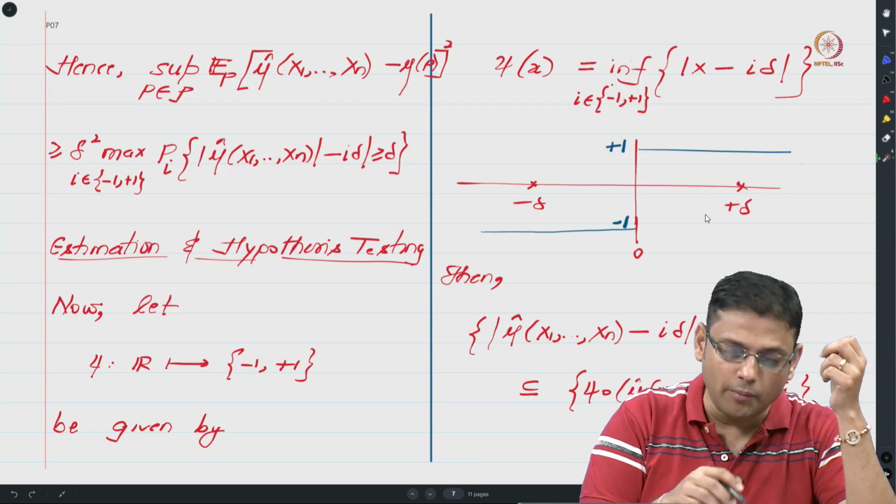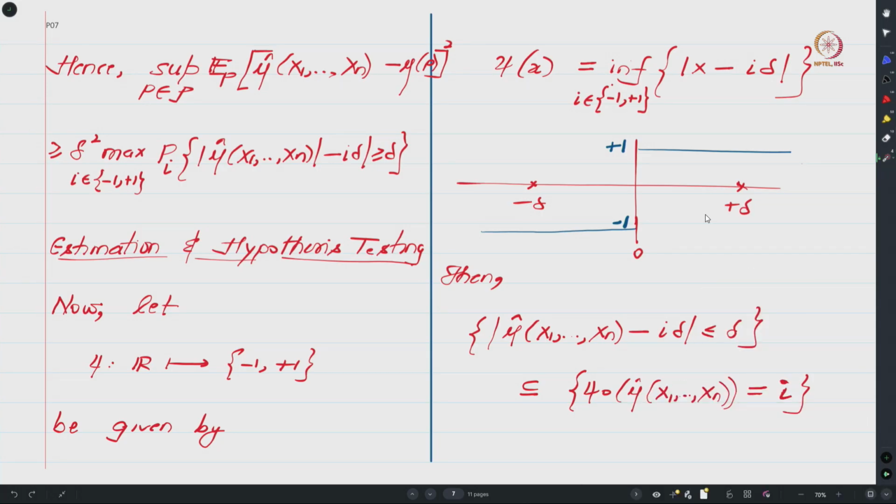So towards making this formal connection between the estimation problem and the hypothesis testing problem, let us define this function psi in the following way. This psi goes from the set of real numbers to the set of outputs minus 1 and plus 1.